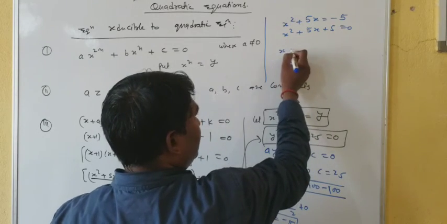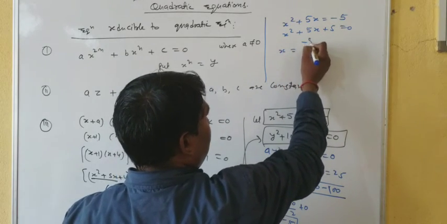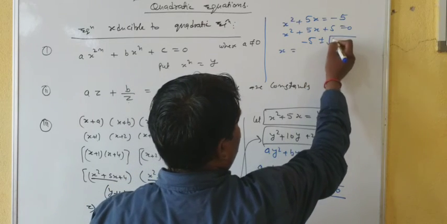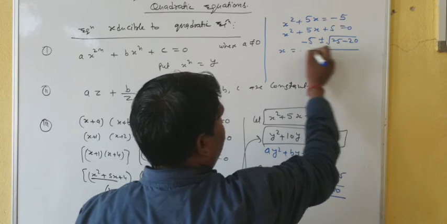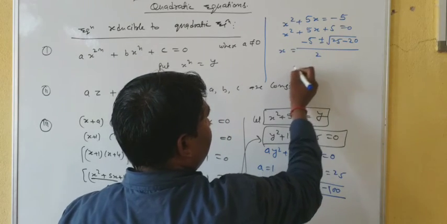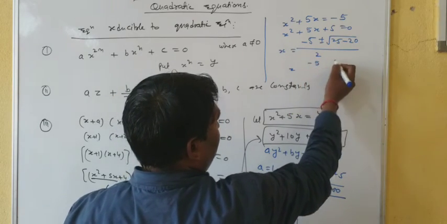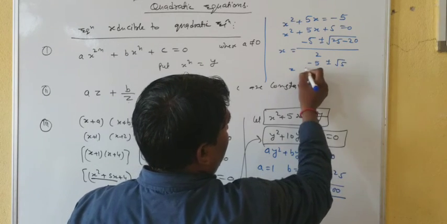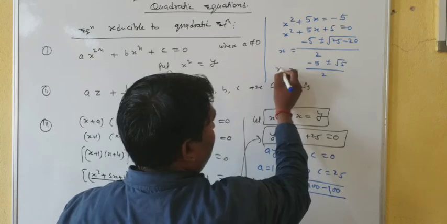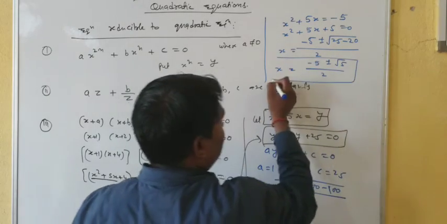Now you can solve this again: minus b plus minus under root b square minus 4ac upon 2a. This implies minus 5 plus minus under root 5 upon 2. This is the value of x.